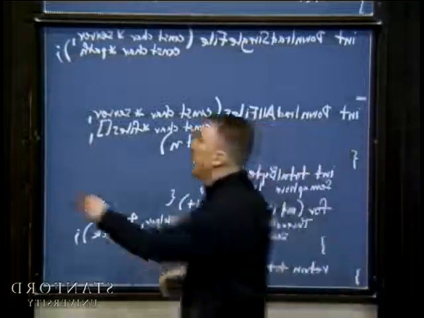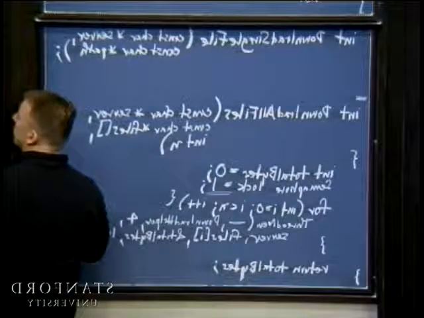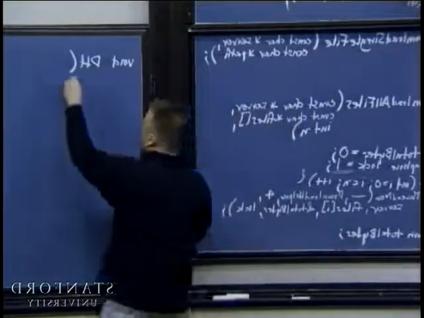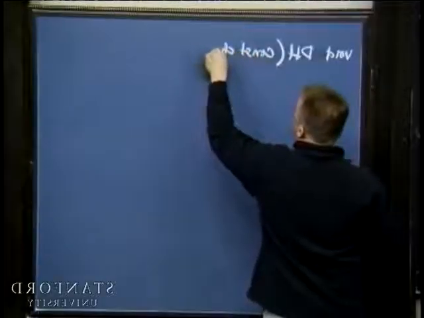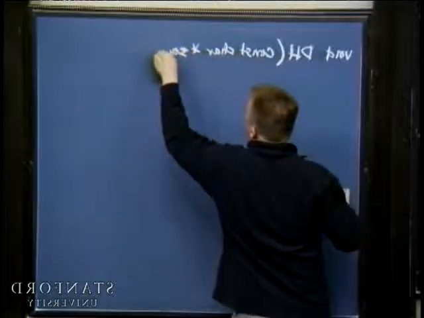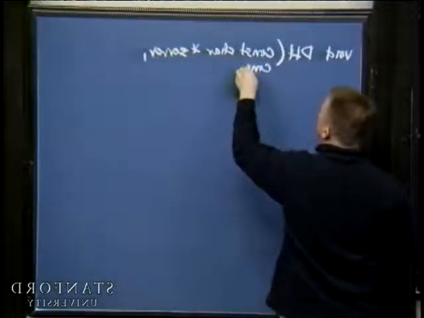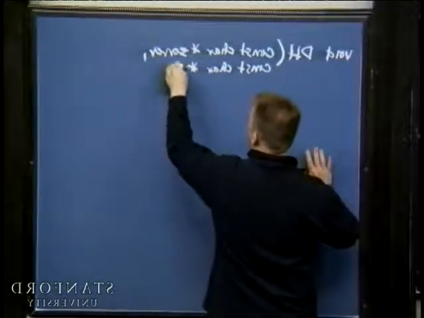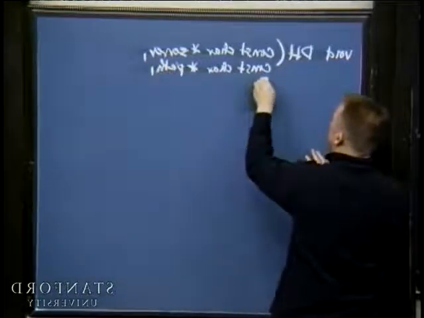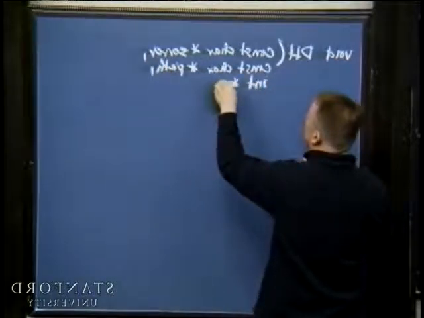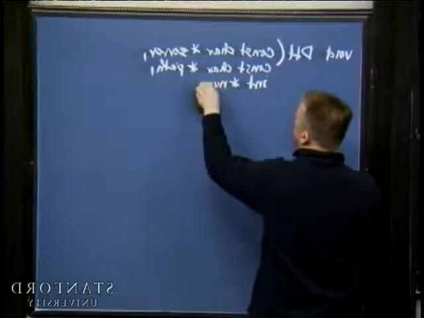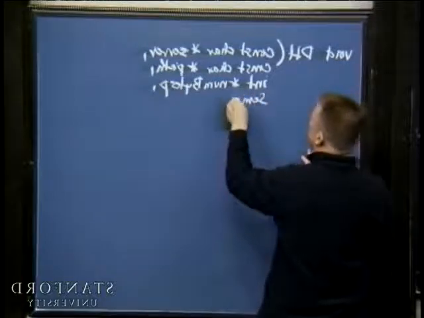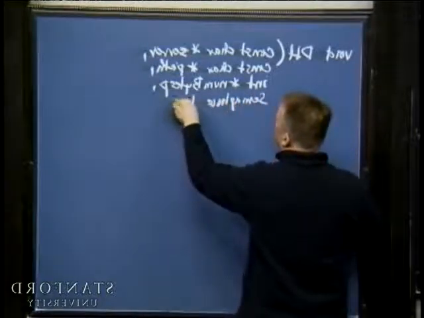This download helper has to be a function that returns void. I'll call it DH for download helper. And it takes these arguments: const char star server, const char star path, int asterisk, let's say num bytes p for pointer, and then it has this semaphore I'll call lock.